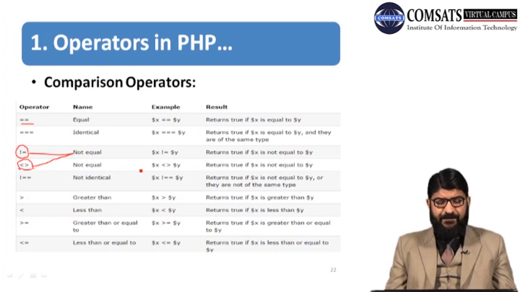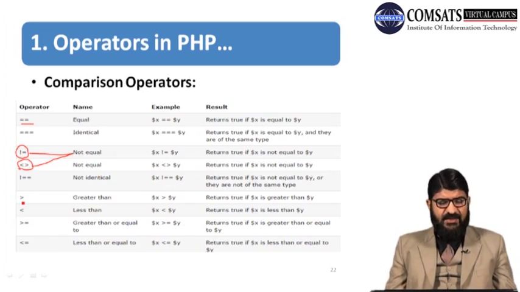This means the same. Then not identical. If you are writing an exclamation sign with double equals between two variables, it means you want to match the data type of two variables, which means in this case that the data type of x is not equal to the data type of y.